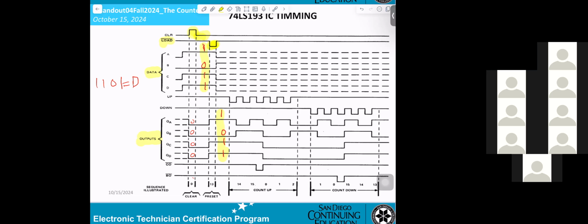Now, last one, the clock. When the clock goes up from 0 to 1, then the output will be changing. So after you get the number 13 loaded, you apply the clock, what number will it be?